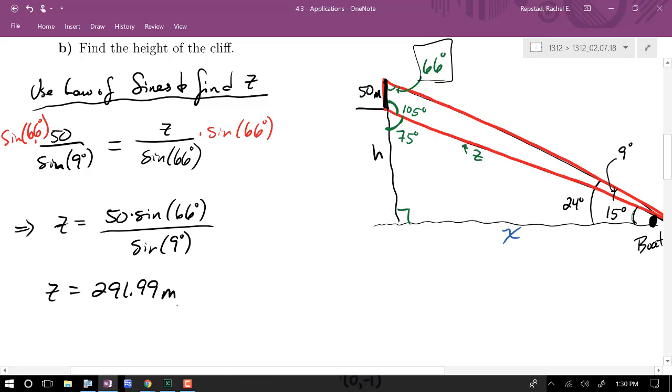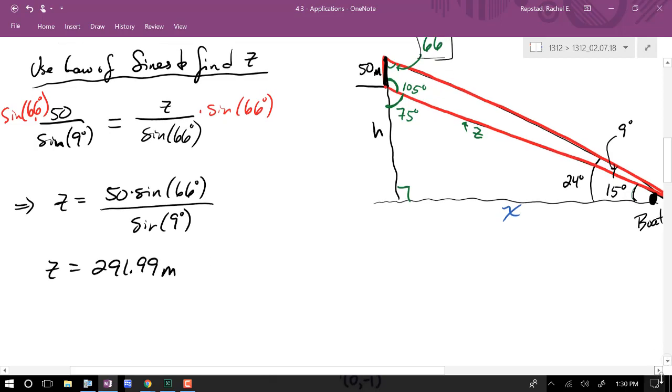And it would be in meters, since it inherits the linear units of the height of the lighthouse. So this value for z is neither of the two things we're asked to find, but now the rest of it will fall out nicely just using SOHCAHTOA.